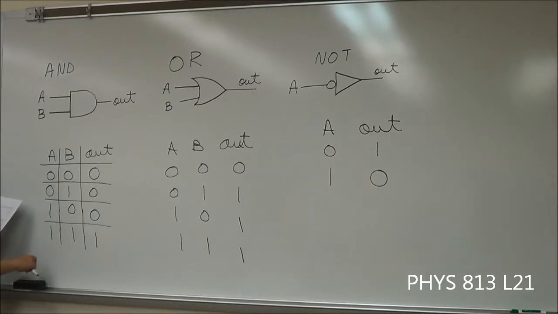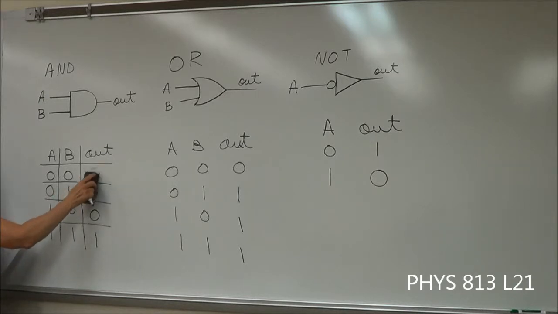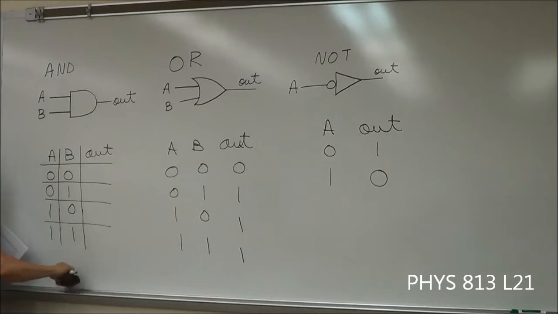Okay. Now we're going to look at what is called NAND, N-A-N-D. Because if you have two inputs, this set of inputs is always going to be this. So 0, 0, 0, 1, 1, 0, 1, 1.